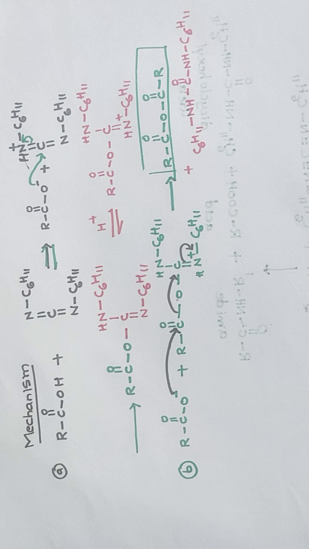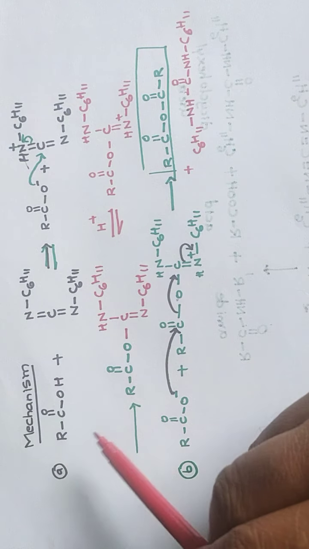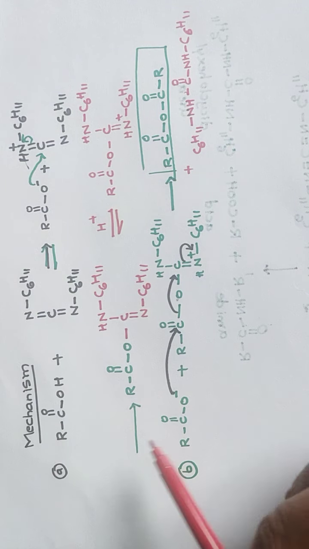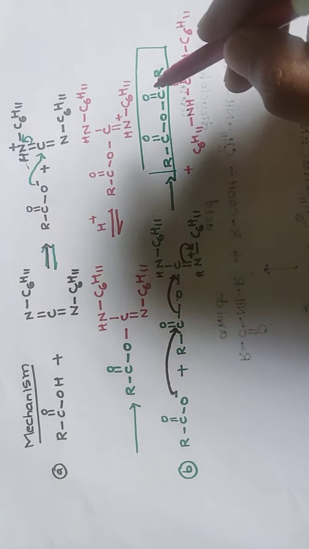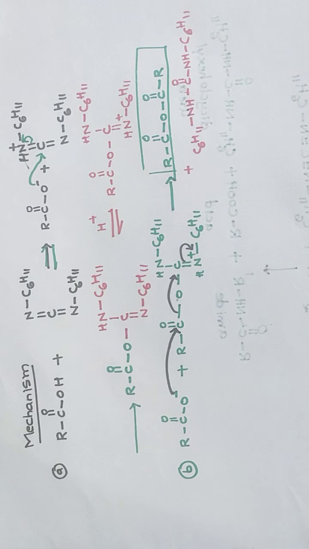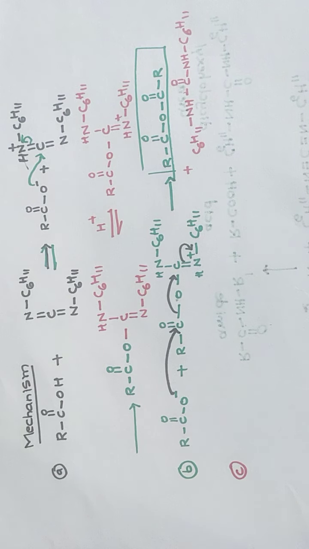So what happens is DCC helps in condensation of these two acids. When acids undergo condensation, there is formation of an anhydride. This anhydride that is formed here will react with amine to give you an amide.